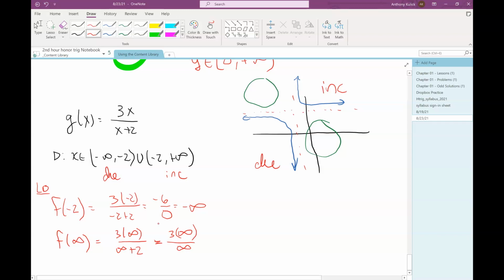But here's a question. 3 times infinity divided by infinity. That's 3. Okay with that? So we have negative infinity to 3. And since everything was a parenthesis in my domain, I'm going to get parentheses in my range.